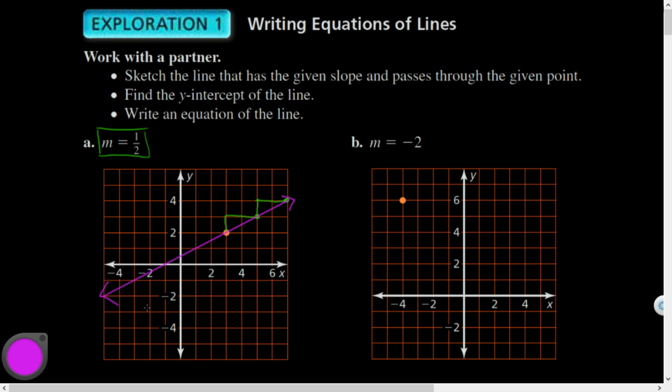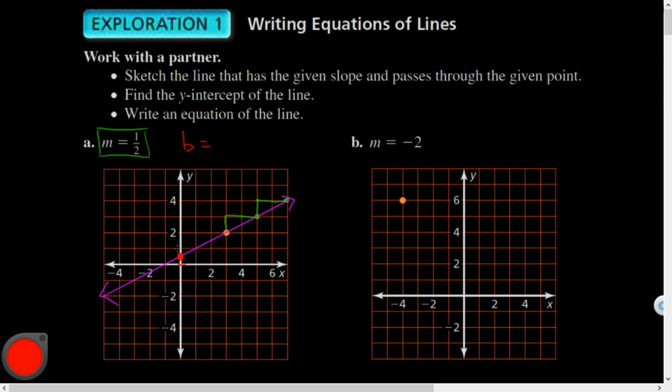There we go. So there's the line that I would get, something like that. Now it asks a question. It says, find the y-intercept of that line. Does anyone have a guess on the y-intercept? What number do you think it hits the y-axis at?